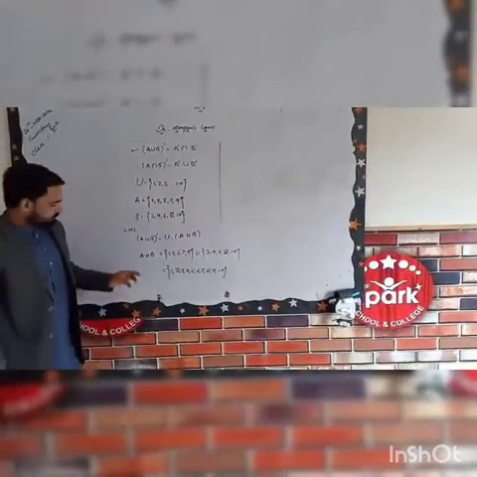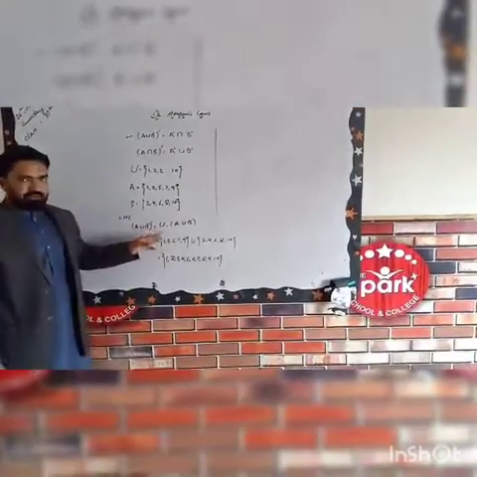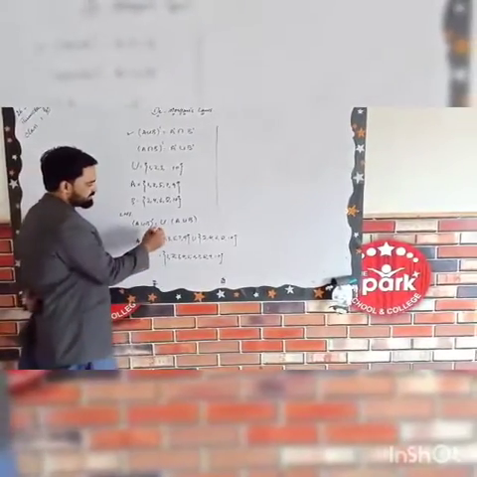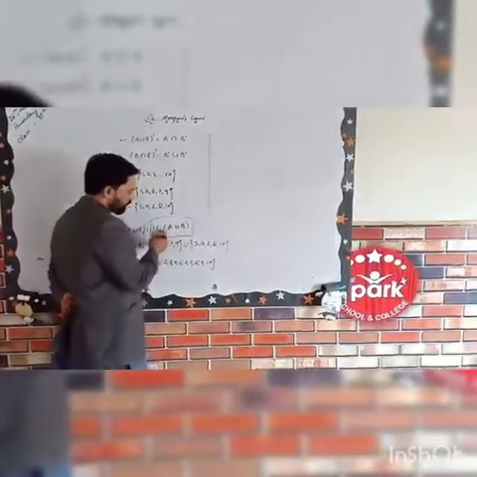After that, you will find the complement of A union B. As I have already mentioned, the formula for the complement of A union B is U minus (A union B). So we'll write accordingly.